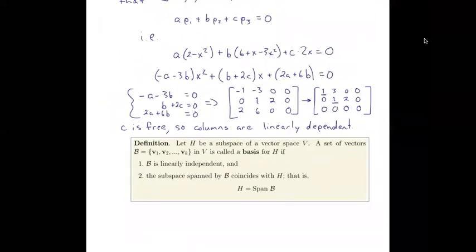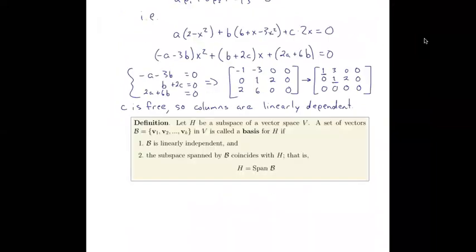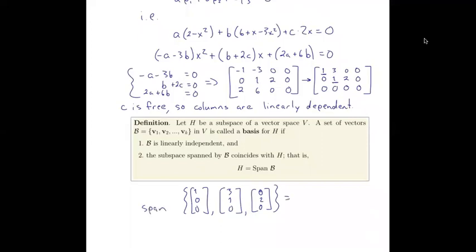So rather than write down these three vectors that I was just talking through, 1, 0, 0, 3, 1, 0, and then the last one, 0, 2, 0, I could just as well span the same set with this set of vectors as I could with this set of vectors.